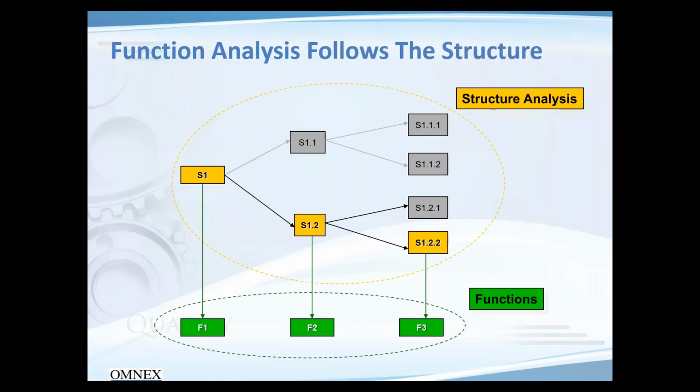And so this is kind of a nicer way to look at the diagram. At the top shows you the structure diagram. So for each of the different areas of the structure, you have to come up with what the primary functions are for the component, the subsystem, and the system.